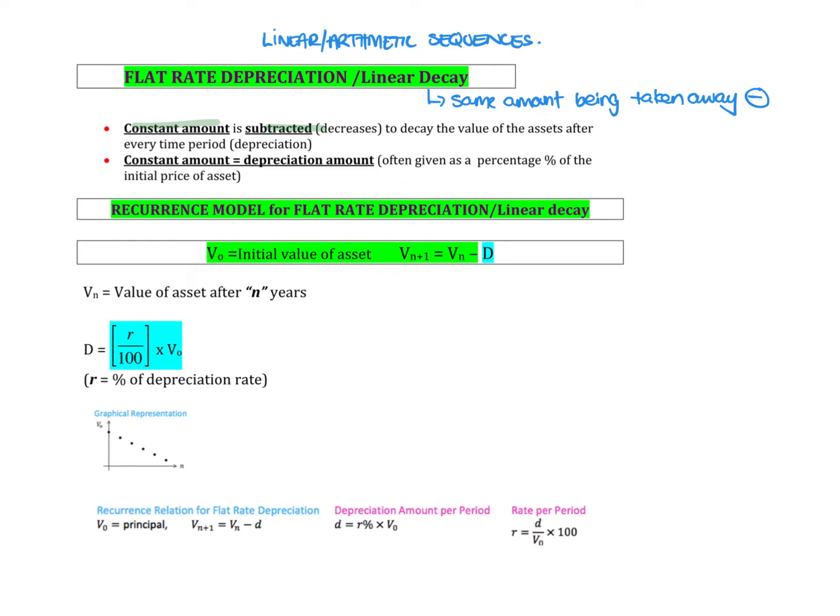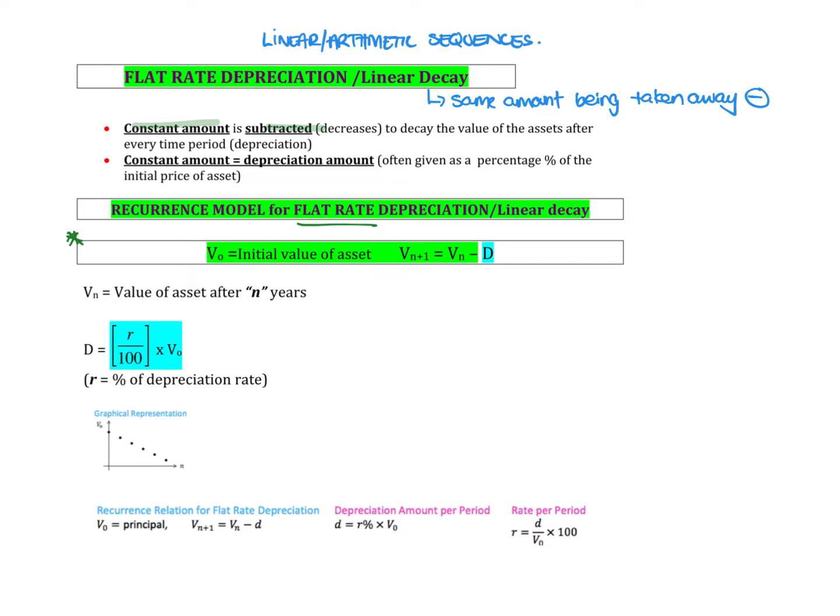When we do this, we're going to have the same as what we had last time. We're going to have a recurrence relation formula, and then we'll also have an nth term formula for it. Now, you're going to see those words written in the question, so you're going to know it's flat rate depreciation because they'll tell you.